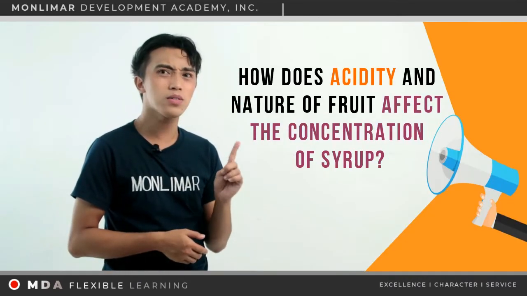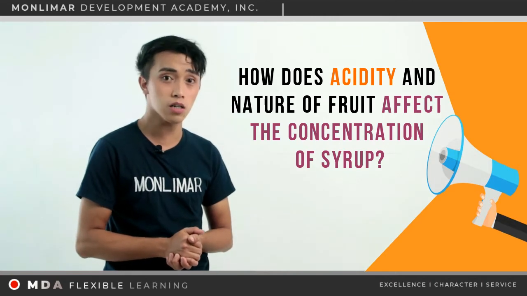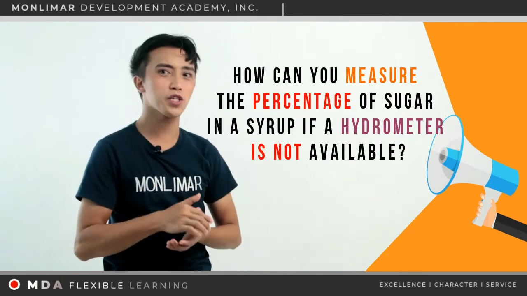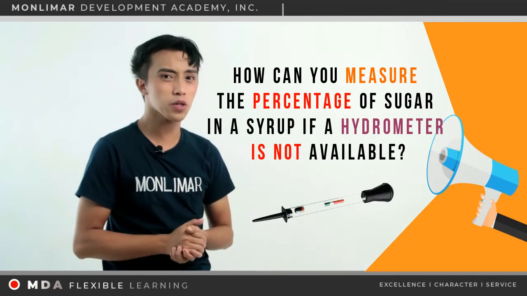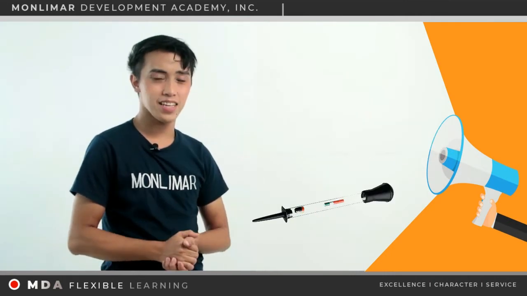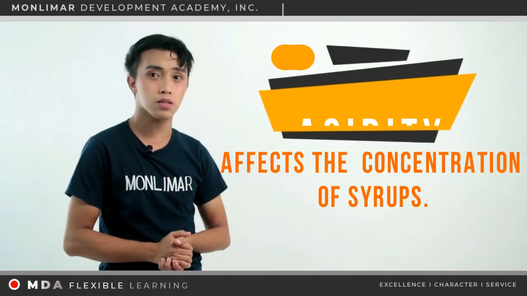Now, how do acidity and nature of fruit affect the concentration of syrup? And how can you measure the percentage of sugar in a syrup if a hydrometer is not available? Acidity and nature of fruits affect the concentration of syrups.